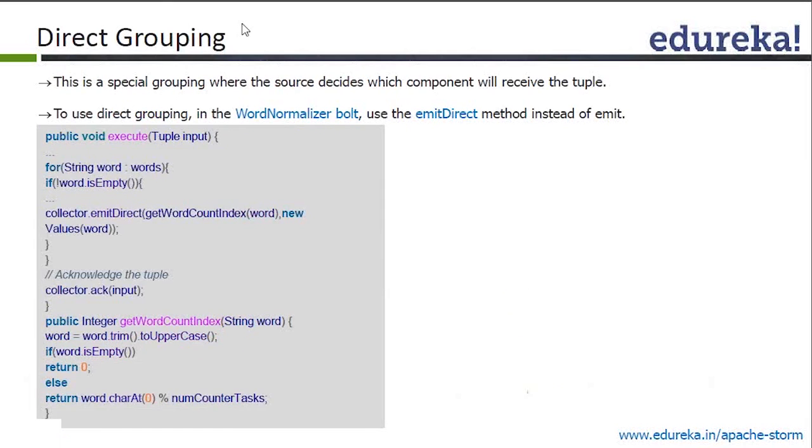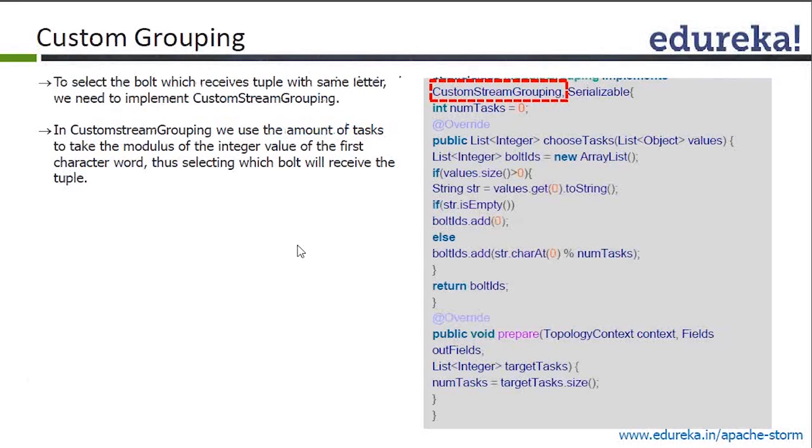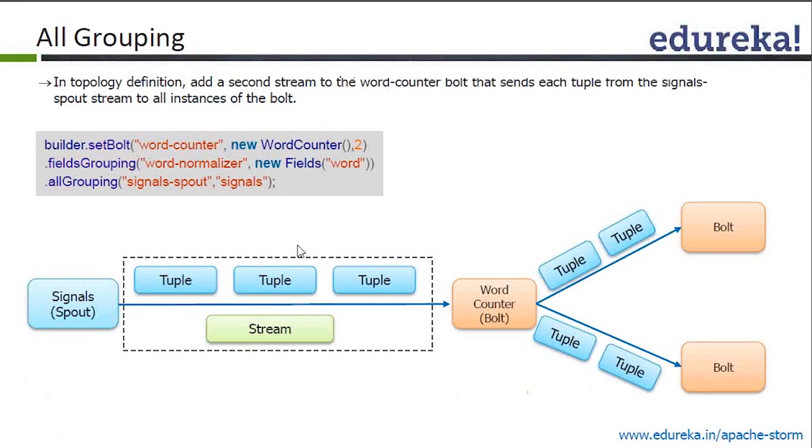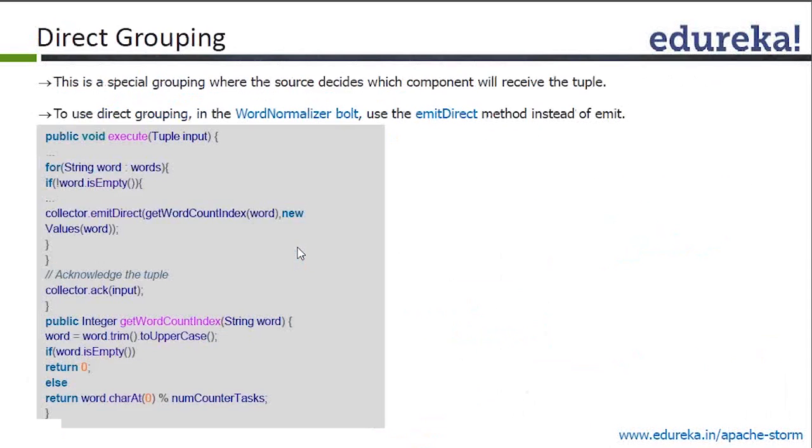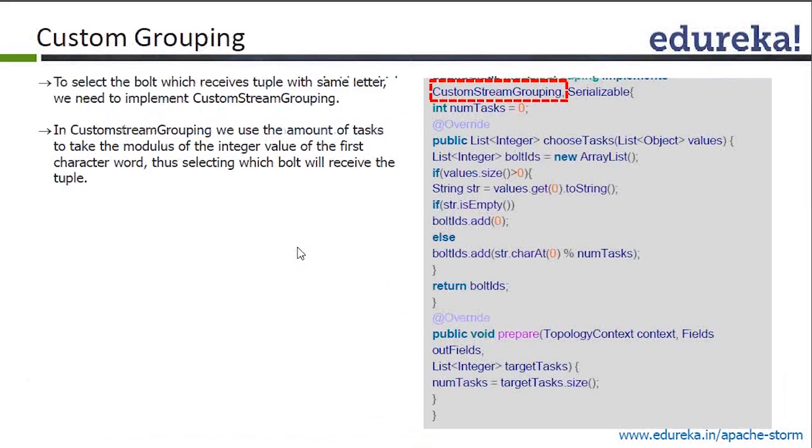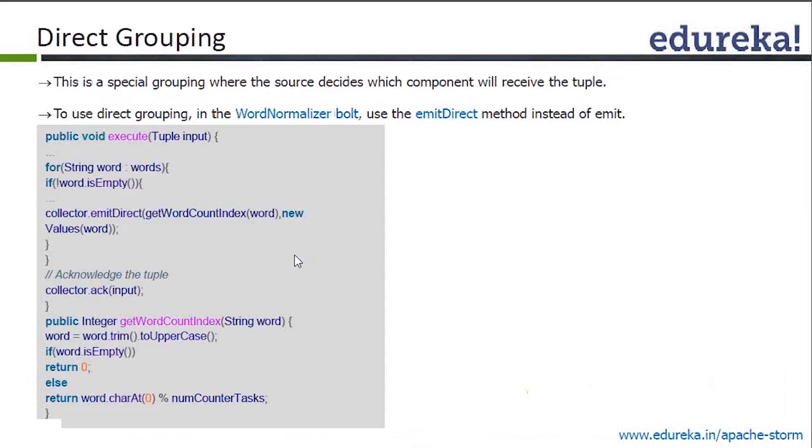So the source here itself is going to decide which component is going to receive the tuple, and as you can see here, instead of using collector.emit, custom grouping, direct grouping.